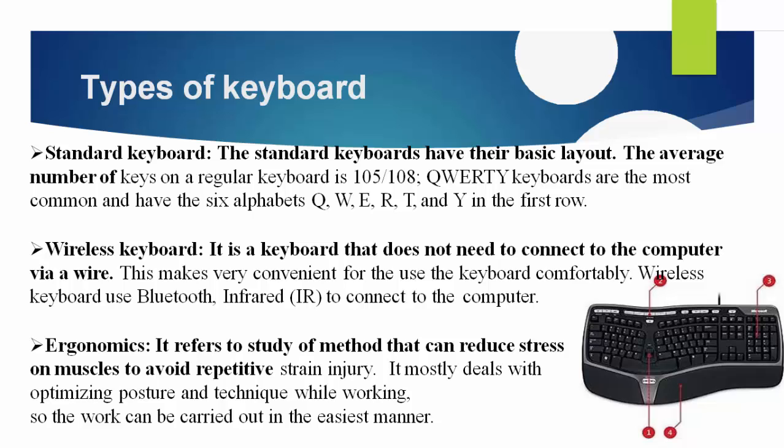This keyboard is most commonly used in scientific research centers, because working continuously on a keyboard can cause strain injury. To reduce the strain or stress on your fingers or muscles, we can use an ergonomic keyboard.